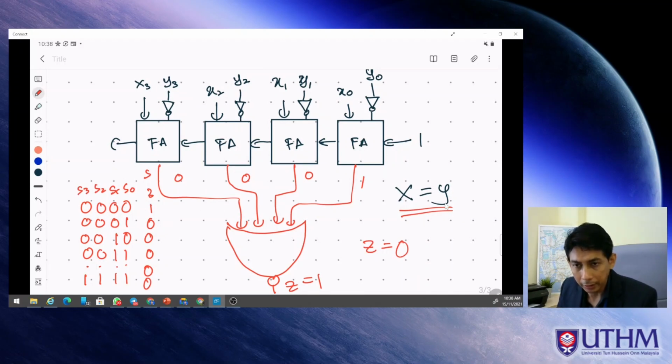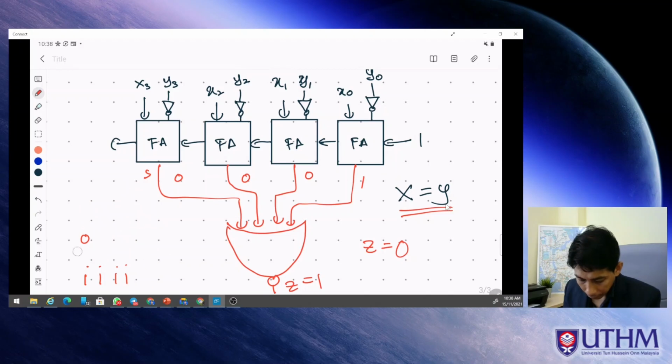So the numbers are not equal. Okay, that is the case for X equal to Y.